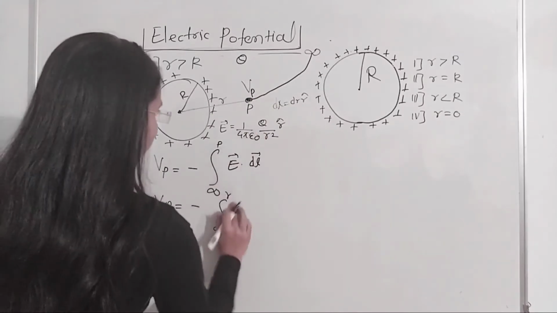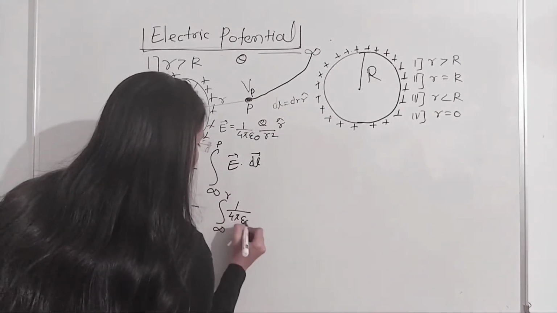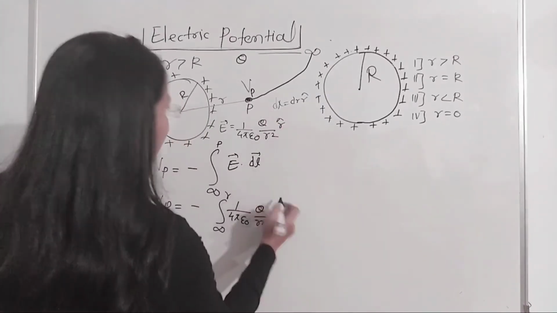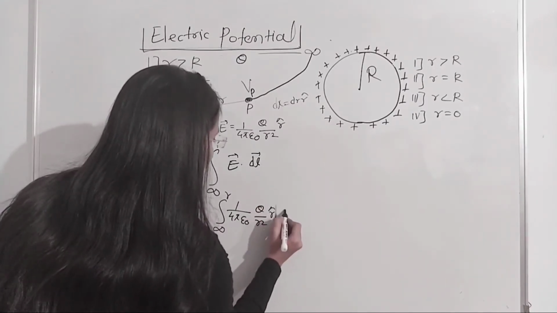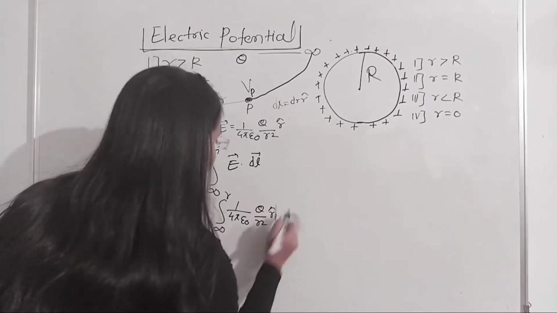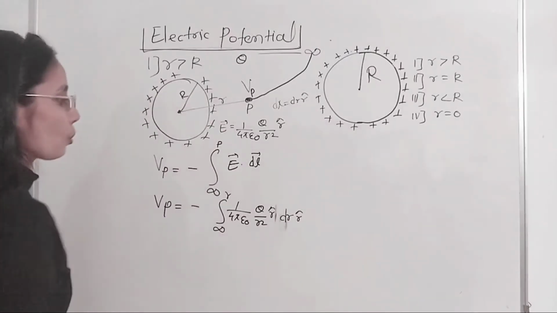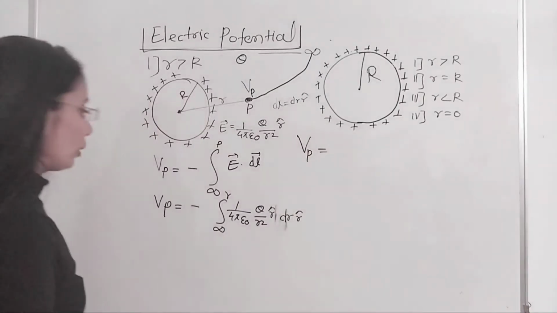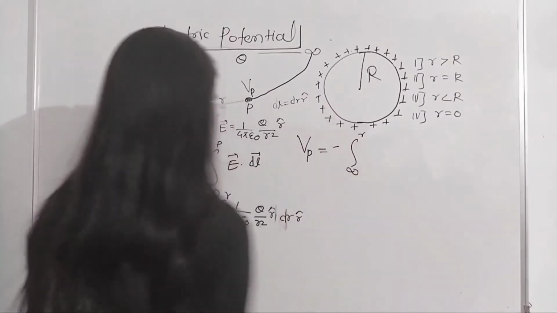E bar is 1 upon 4 pi epsilon naught, q by r square, and dl is dr r cap. So Vp is equal to minus the integral from infinity to r.